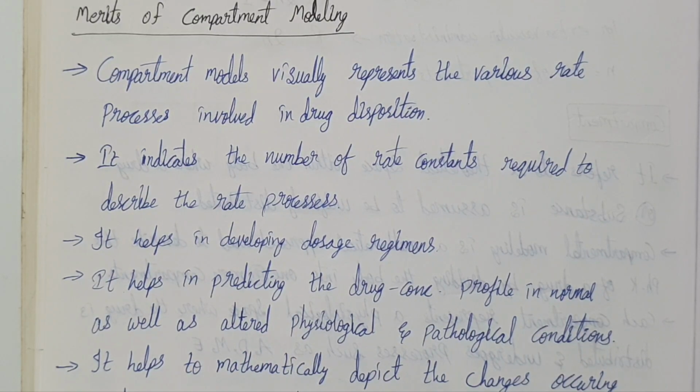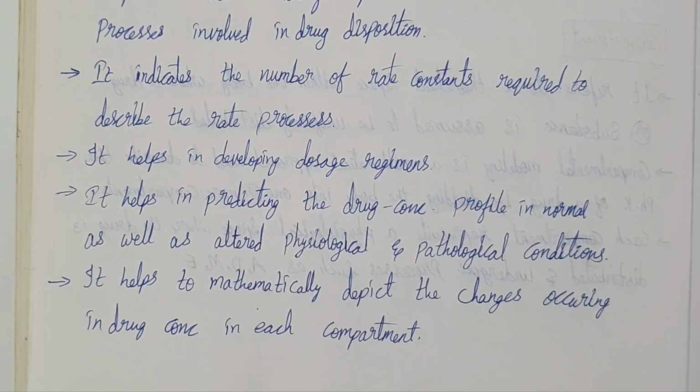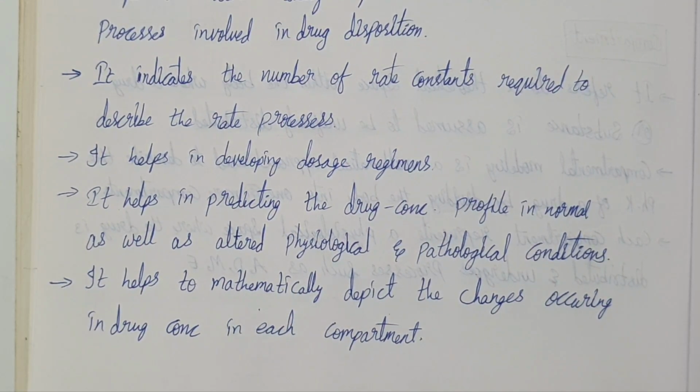Fourth, it has helped us to predict the drug concentration in both normal and disease, pathological conditions. And mathematically, we can track the drug concentration changes in each compartment over the time period.